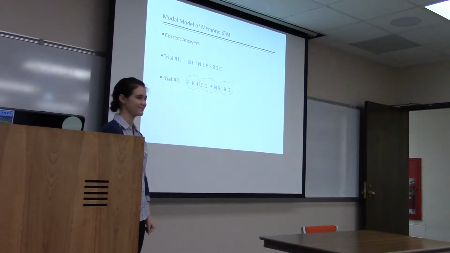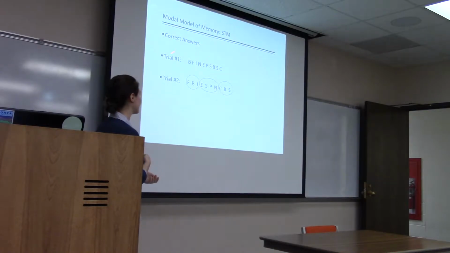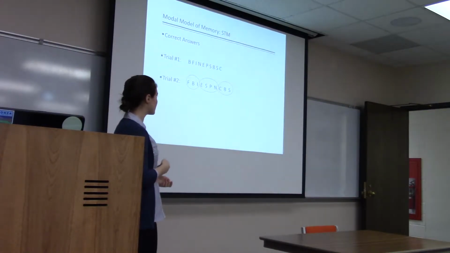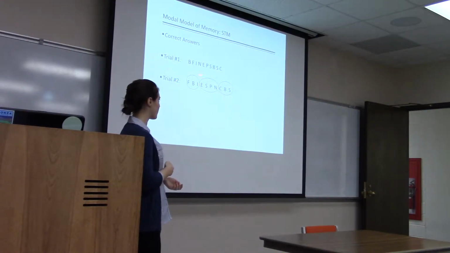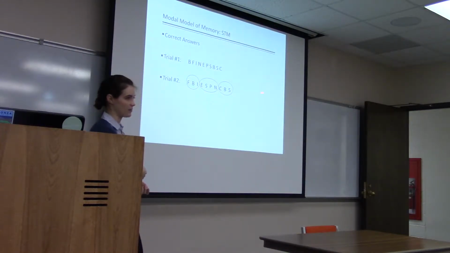Did you guys catch on to the chunking? So in trial 1, it's just a bunch of random letters, but once you can apply some meaning to it, it becomes 3 separate chunks.